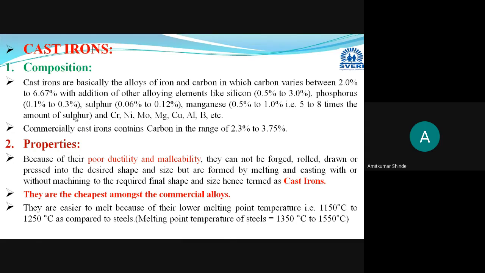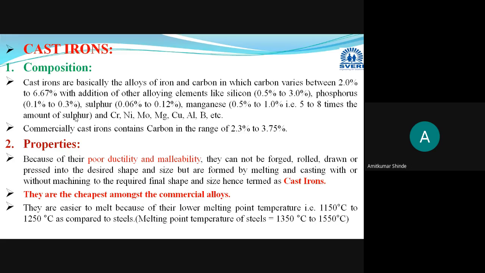In some cast irons, there may be other alloying elements like silicon, phosphorus, sulfur, manganese, or you can also add chromium, nickel, molybdenum, magnesium, depending on the required properties.